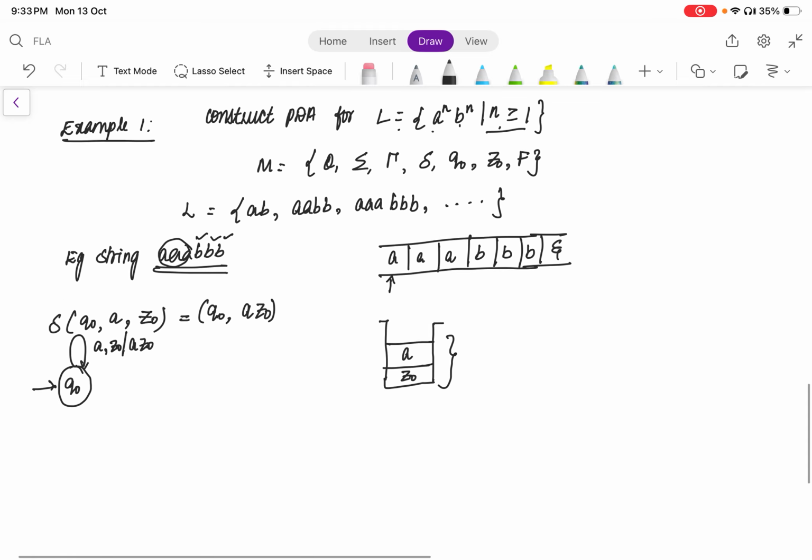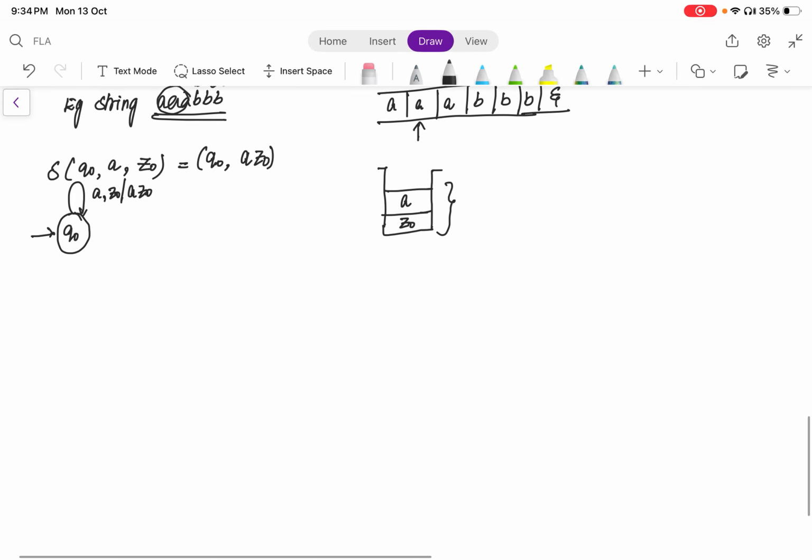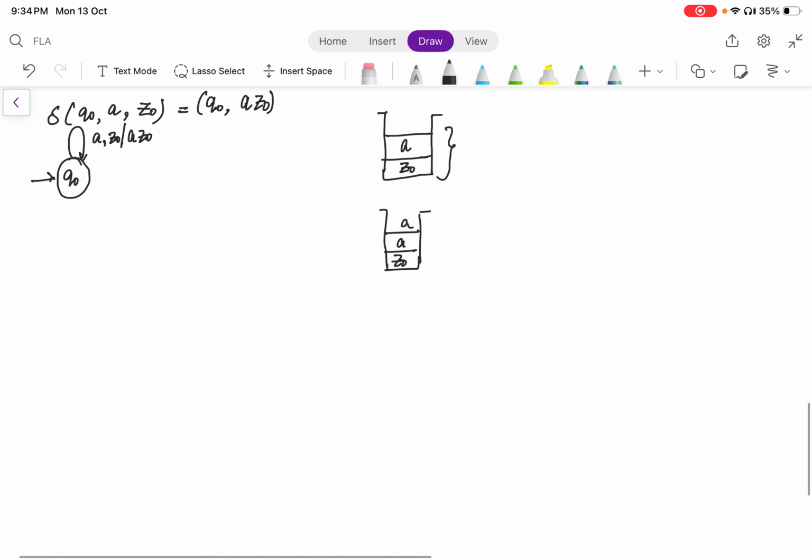Now comes your second a. The second a also you are going to push into the stack. So how will you write the transition function? Delta of q0, comma, a. What is your input? a. What is the current state of the stack? a Z0.